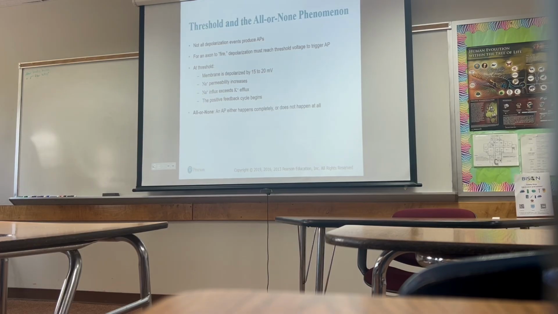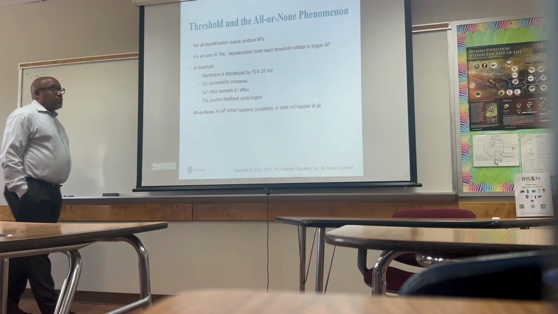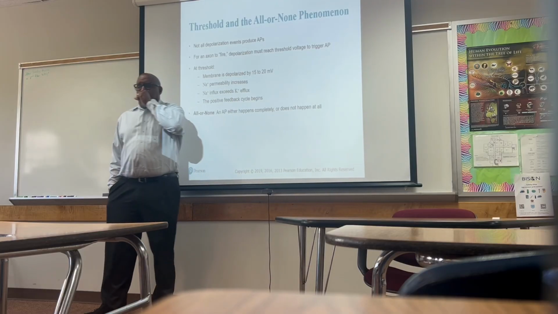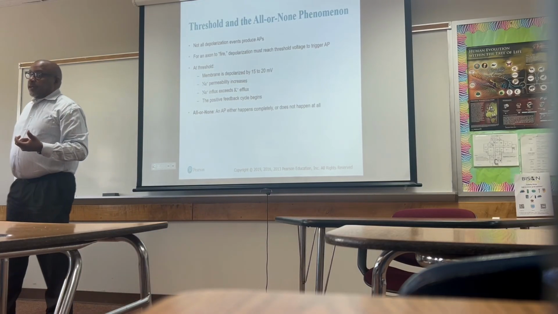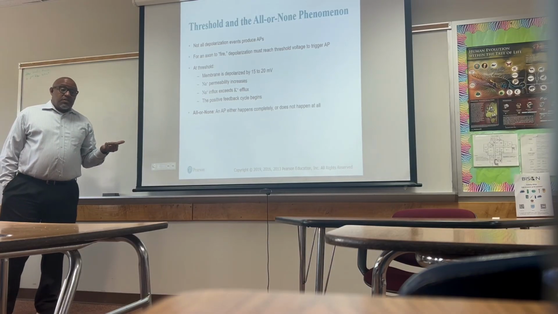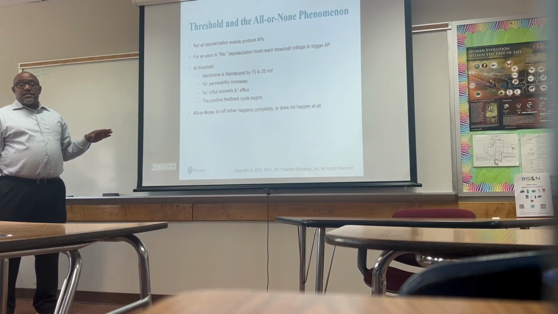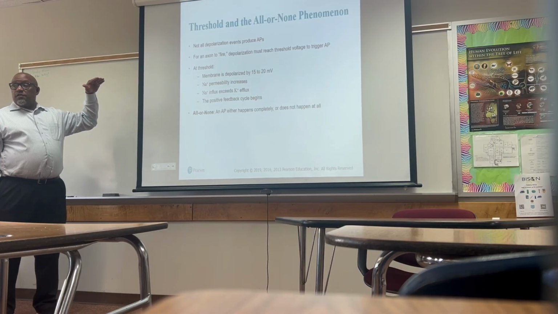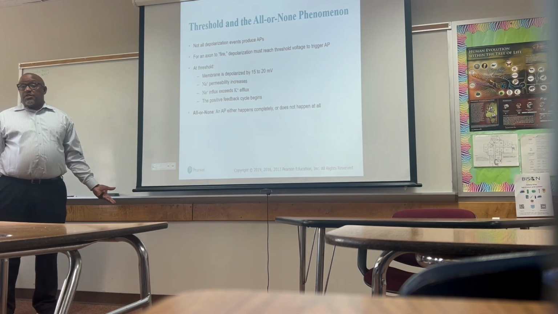Well, I mentioned this threshold. Hopefully you guys understand threshold, but in the nervous system, threshold is whenever the membrane is depolarized by 15, excuse me, to 20 millivolts, all right? So, resting potential, anybody remember what that was? -70. So minus 55 or minus 50 is an automatic action potential.